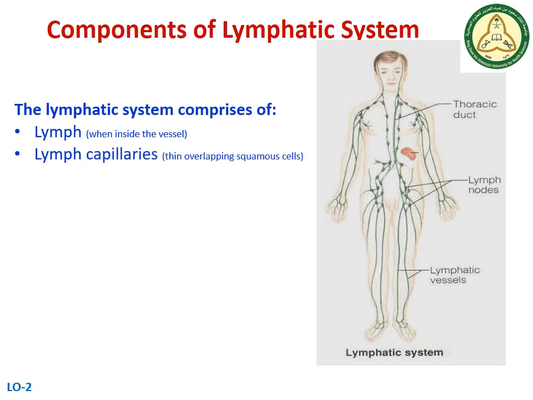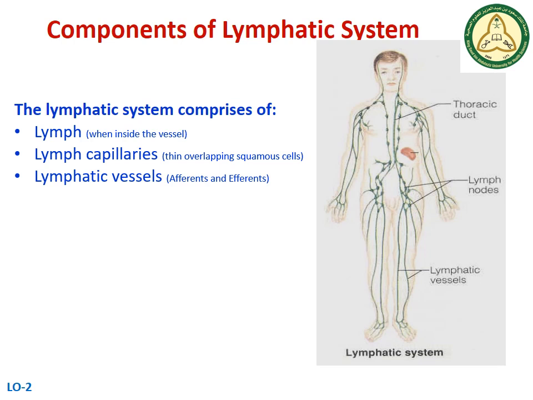Then lymphatic capillaries suck in those 10% of fluid that remains inside the tissue. When it comes inside the capillaries, the lymph runs in the vessels. The vessels may be afferent and efferent. On the way of the vessels, there come lymph nodes.